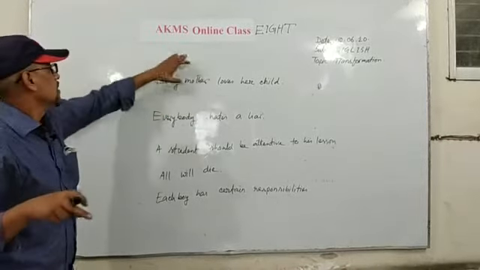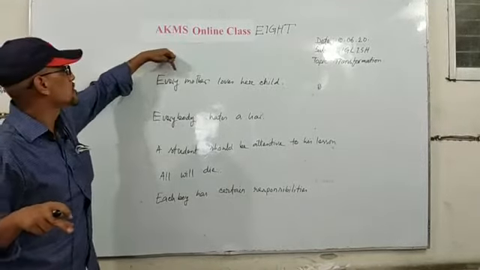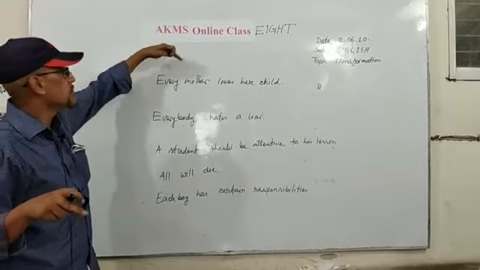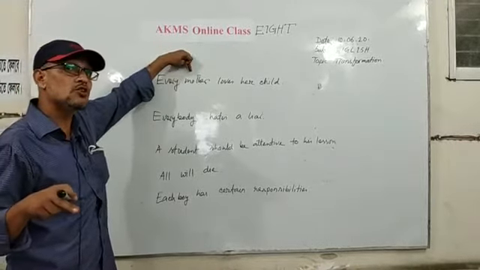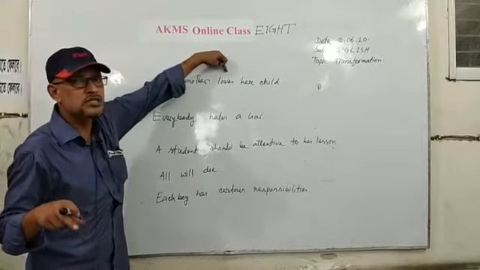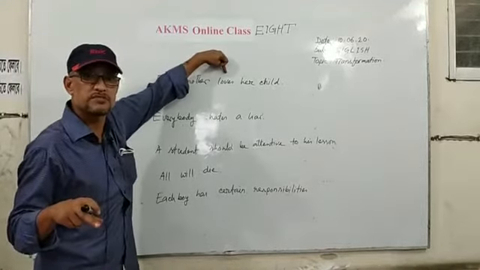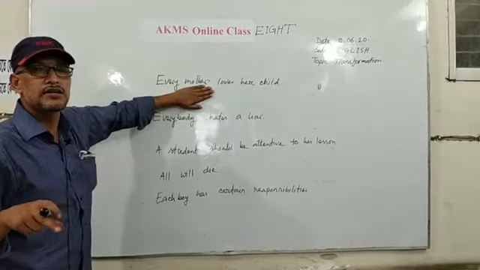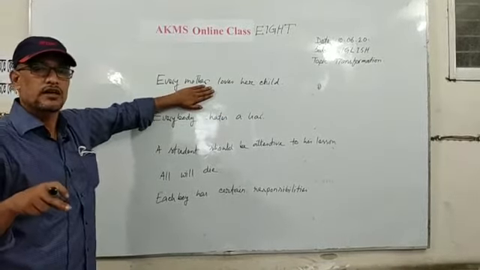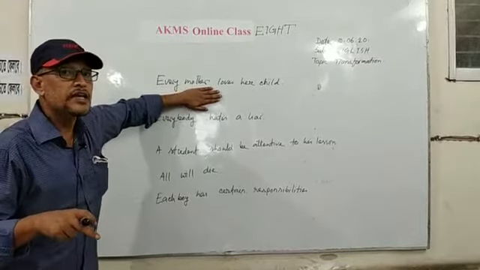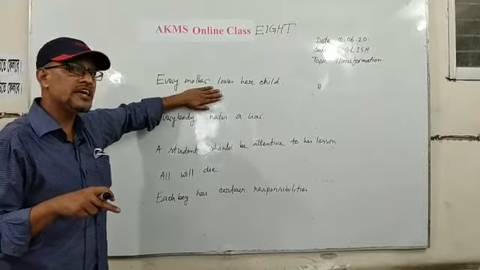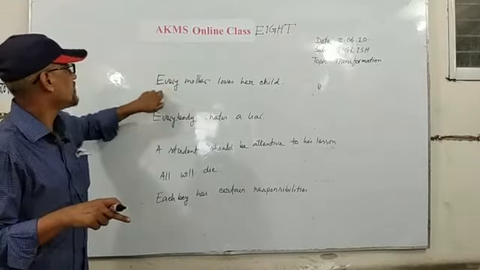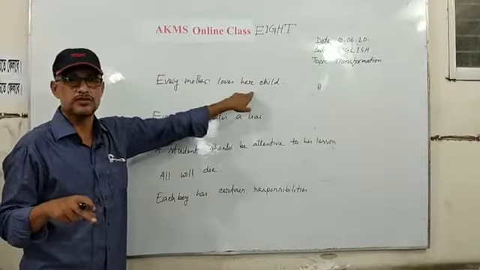If every is used before any noun, the noun should be in singular form and the verb also follows the subject. I have used loves here, and this mother is not a definite mother. It is not my mother or your mother. Mother, the lady who has motherly qualification. Every mother loves her child.